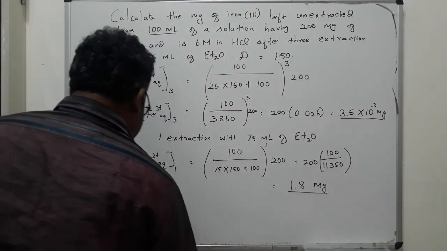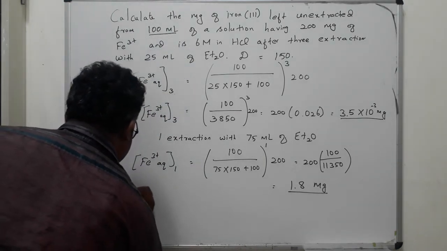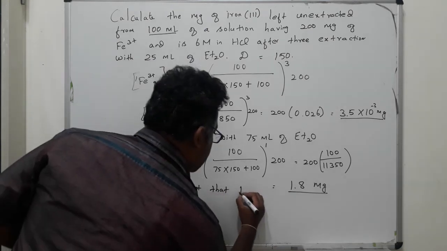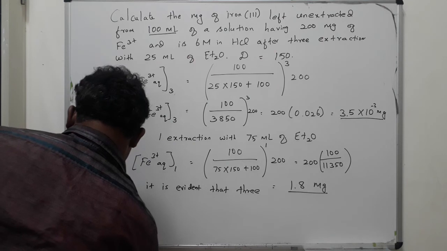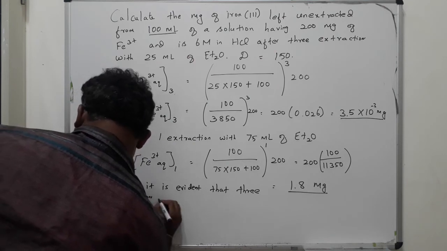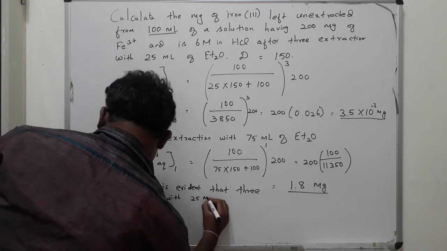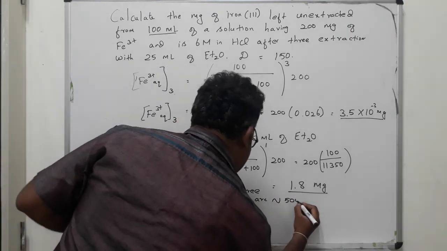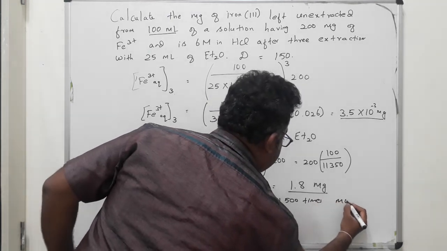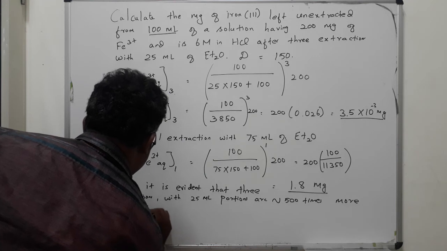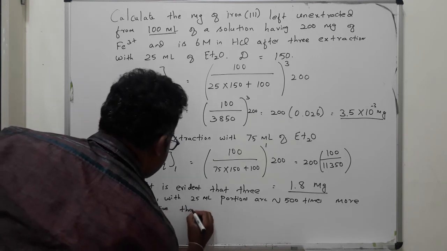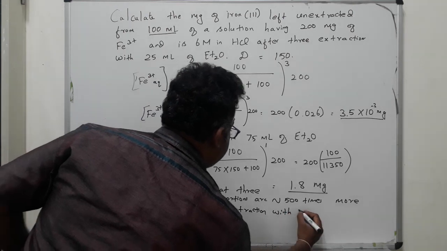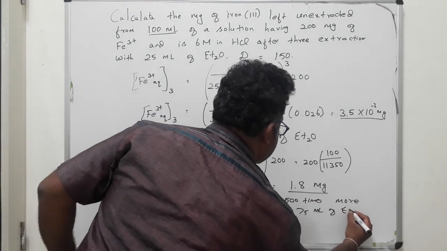So I can say that it is evident that three extractions with 25 ml portions are approximately 500 times more effective than one extraction with 75 ml of diethyl ether.